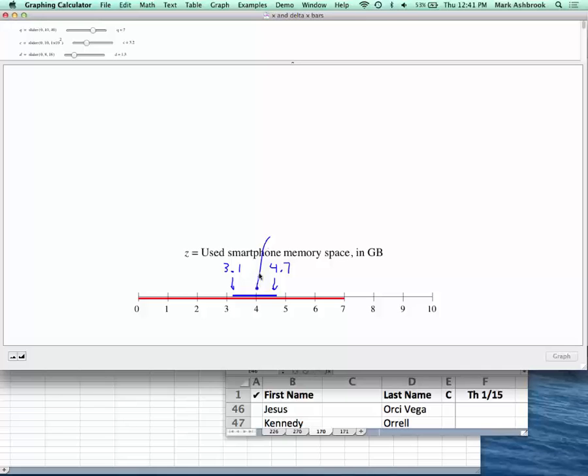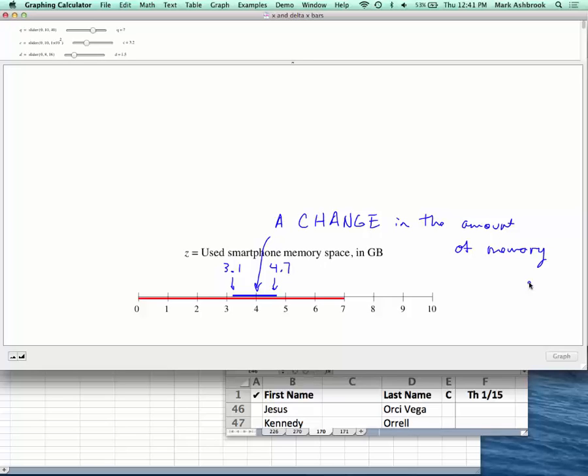Okay, so it represents a change in Z, a change in the amount of memory used. And according to the way I've estimated the beginning and end of the bar, what is the change?